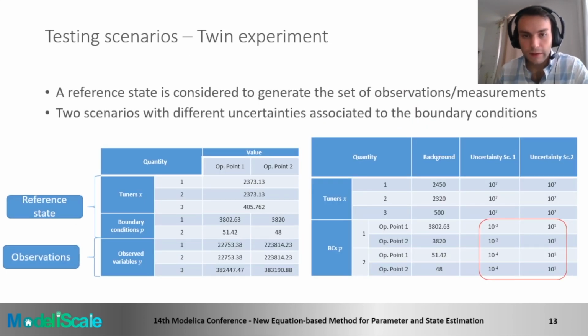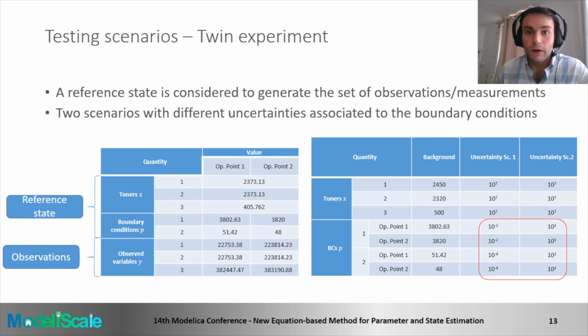For the example, we consider a twin experiment, which means that the observations, the measurements, are obtained with the model itself. By doing some simulation, we get the result, and we use it as observation.